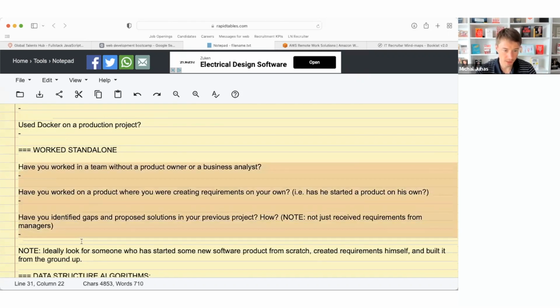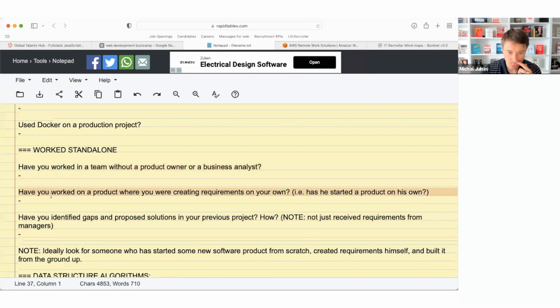So that's why our screening questions during the call are supposed to reveal this. For example, have you worked in a team without a product owner or a business analyst? Have you worked on a product where you were creating requirements on your own? Have you identified gaps and proposed solutions in your previous projects? How? Can you show us an example?